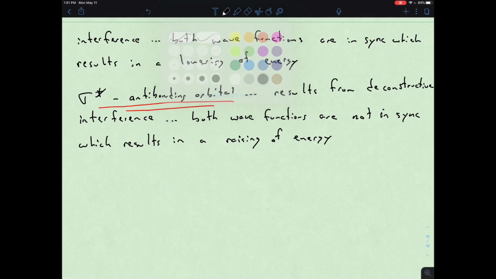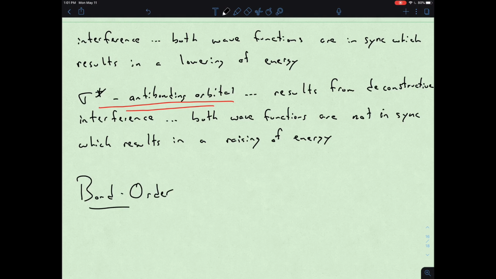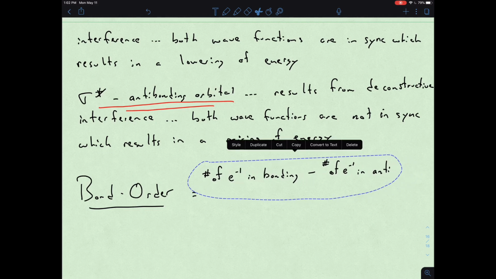So we have what's known as bond order. And bond order is really an equation. Bond order is the number of electrons in bonding minus the number of electrons in our antibonding, and then that is divided by 2.